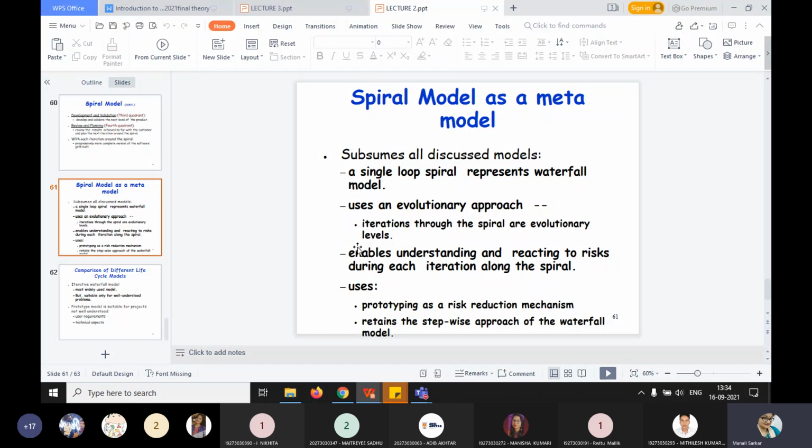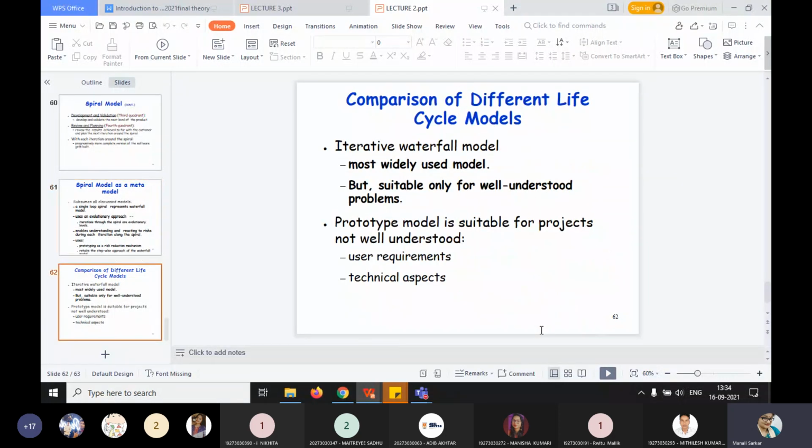That's why the spiral model uses different types of models: the prototyping model, waterfall model, iterative waterfall model, and also the evolutionary model, with a systematic stepwise approach. See here, it uses the prototyping model as a risk reduction mechanism. Whenever it is seen that there is a risk in the project, it uses the prototyping model while retaining the stepwise approach of the waterfall model.